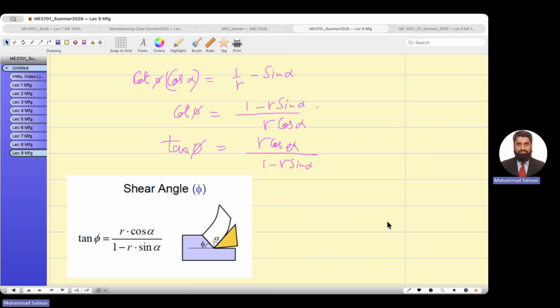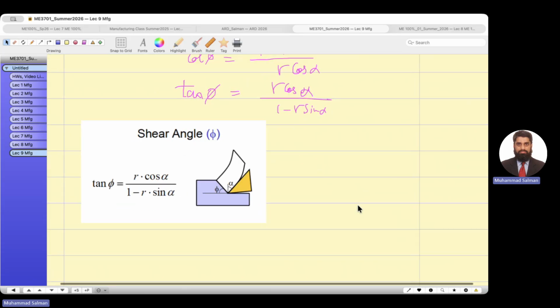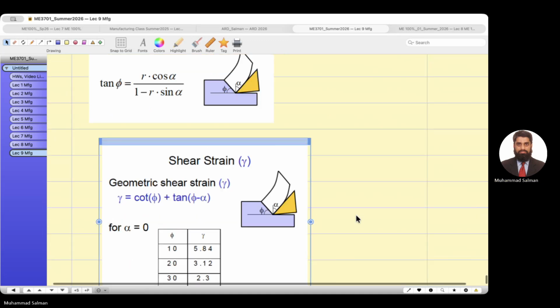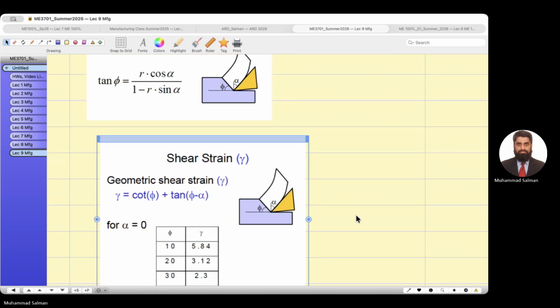Do you understand that? This has not been explained in the slides clearly, so I wanted to give you further insight into how you get this formula. There is another formula for the geometric shear strain. I think you don't need to derive it; you just remember it, you can write it down. It's not that important.